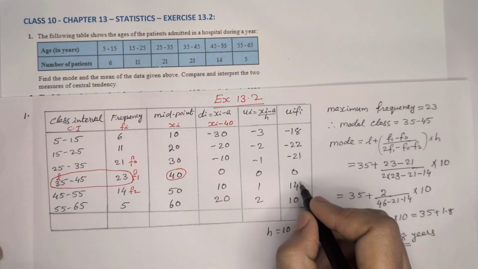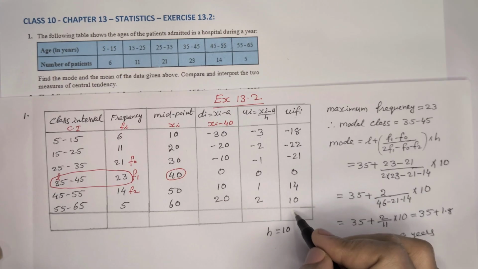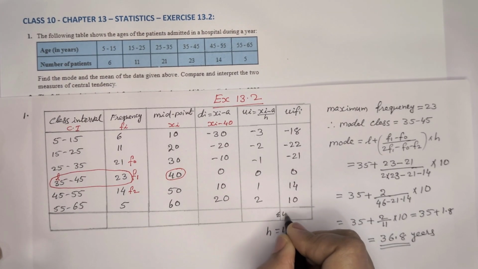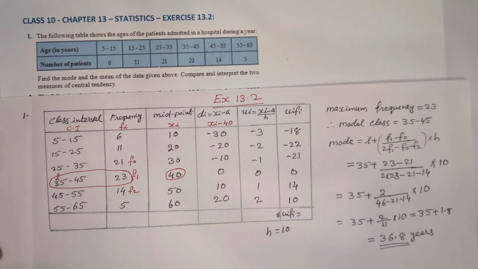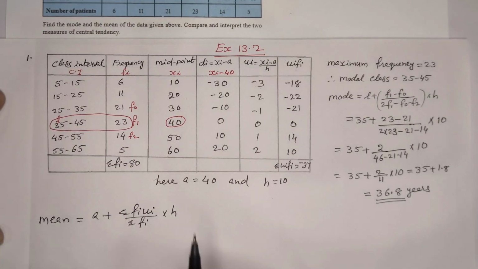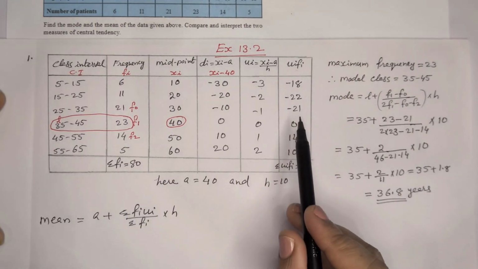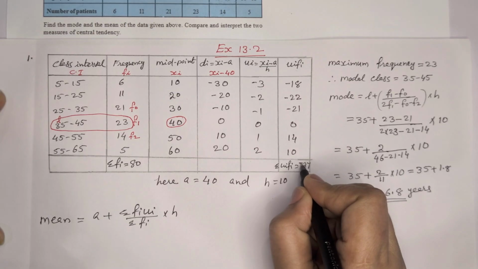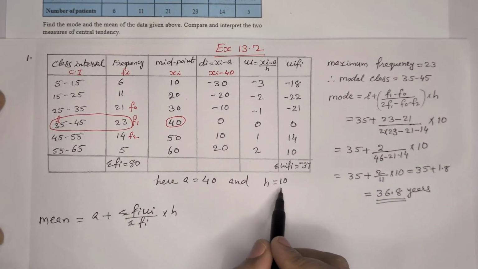Then first we add the positive numbers, then the negative numbers, and then find the sum. Sigma fi, the total frequency, is 80, and when we add, sigma ui fi is minus 37. Here A is equal to 40 and h is equal to 10.